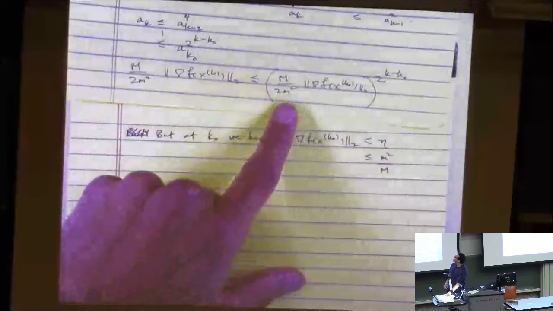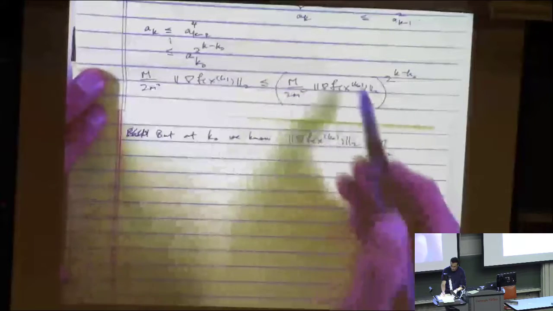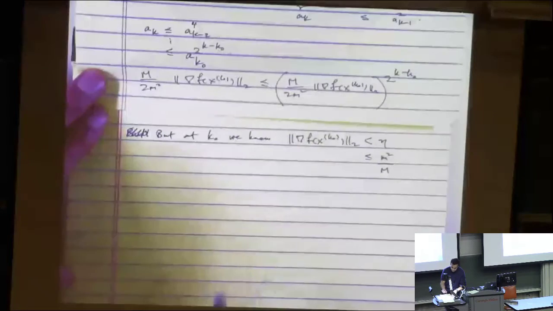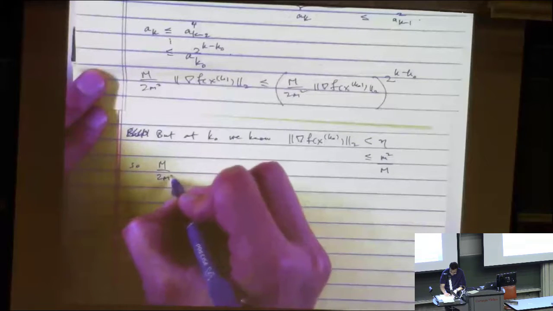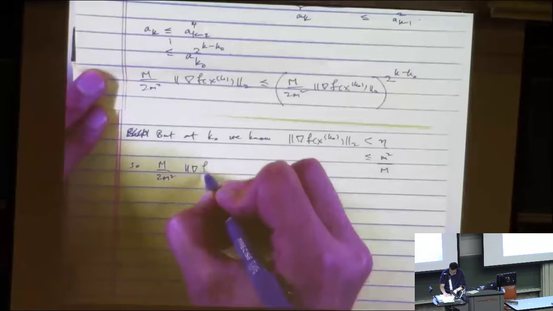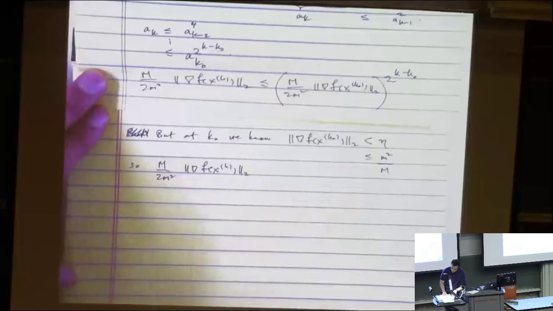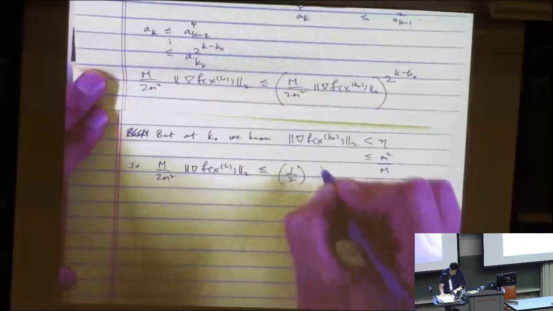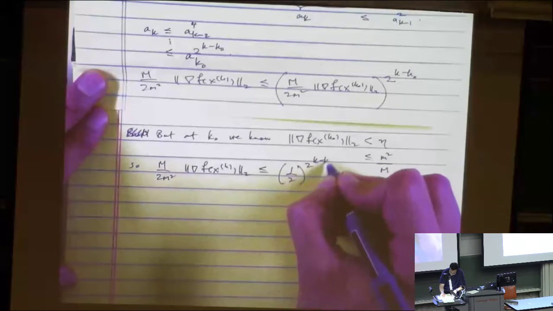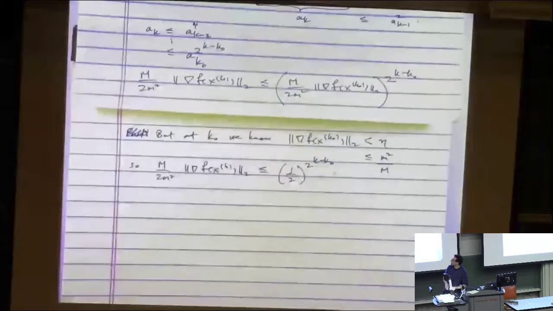This whole thing is less than a half. So we've shown that m over 2m squared times the gradient of f of x_k in 2 norm is less than or equal to 1/2 to the power of 2 to the k minus k0. That's where the half comes from.